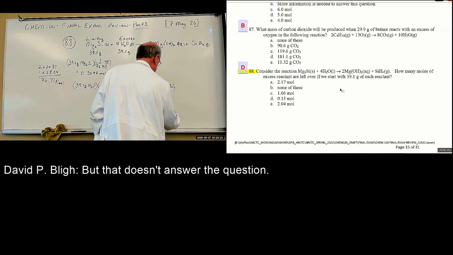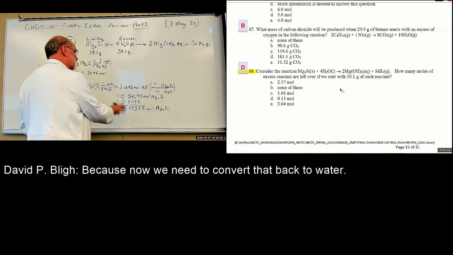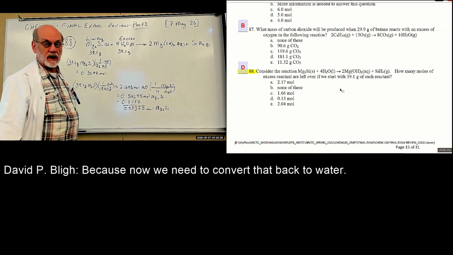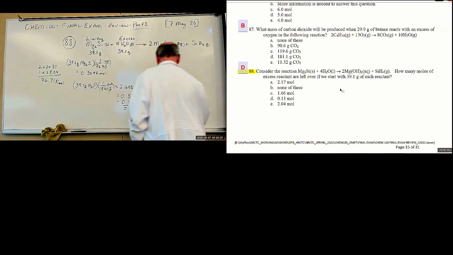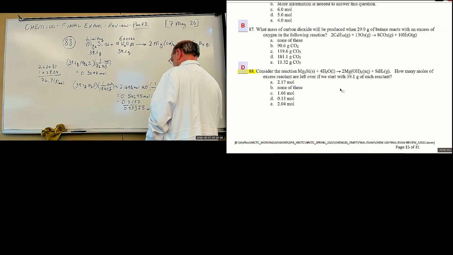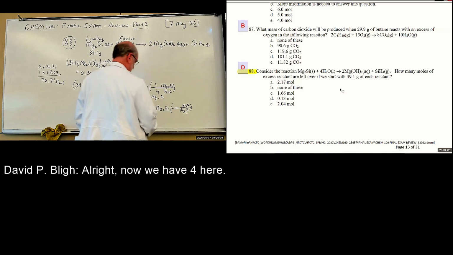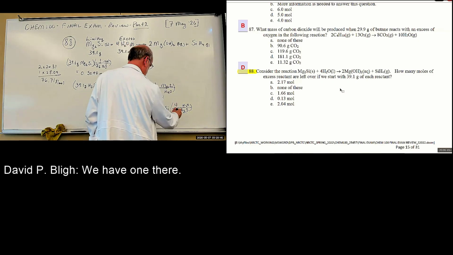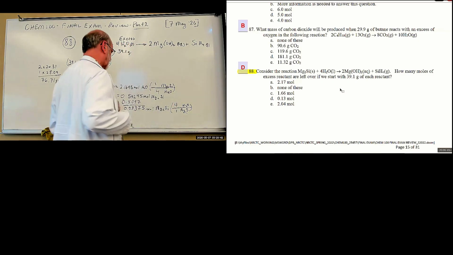But that doesn't answer the question, because now we need to convert that back to water. All right, now we have 4 here. We have 1 there.